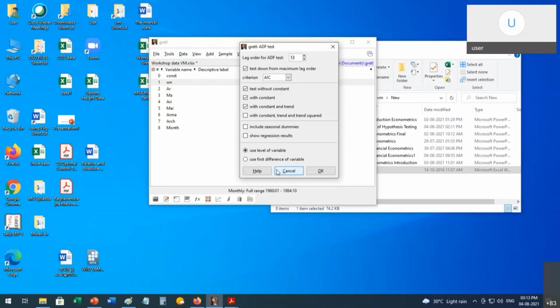If there is no trend, then test without constant. But remember the fourth option, what is it? With constant, trend, and trend squared. Sir, trend squared, is it? Yeah. These two cases we have to do if there is a trend.